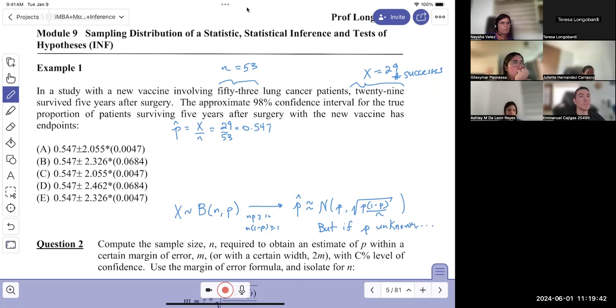What we're going to do is draw a sample. And from this sample, we're going to use the idea that this is one result from a distribution that is normal with a mean of the true proportion and a standard deviation calculated like this.